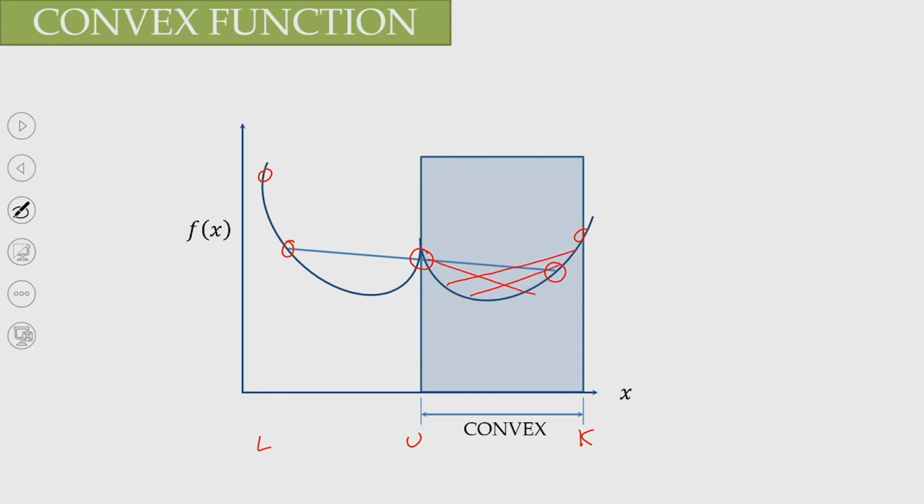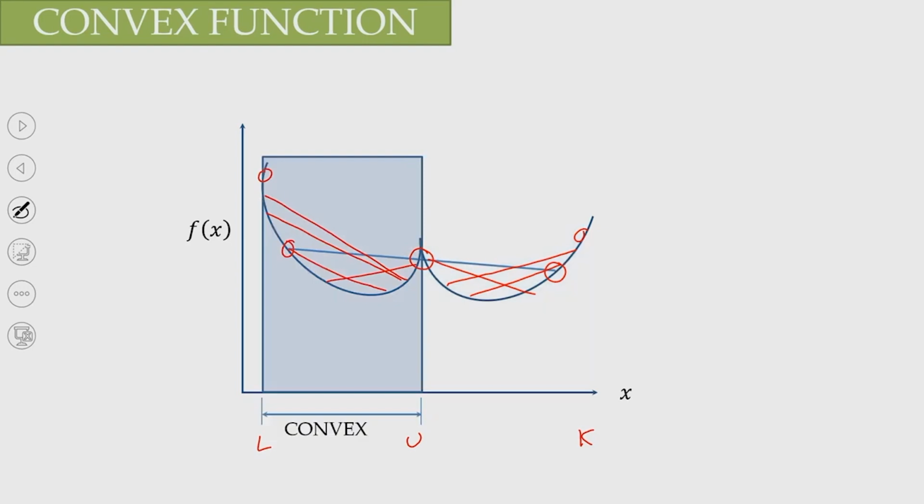Similarly, here also you take any 2 points, then that will not cut this particular curve. Therefore, this is convex between u and k, and this is convex between L and u.